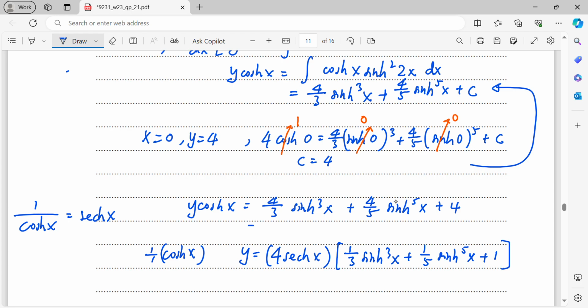So probably from here I will just write this is 4 sec x bracket 1/3 sin³x plus 1/5 sin⁵x plus 1. Then you can see clearly. Okay, so that's all for this solution.